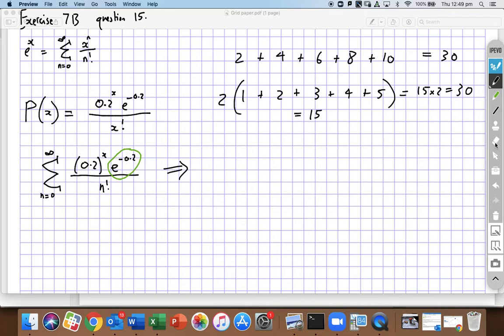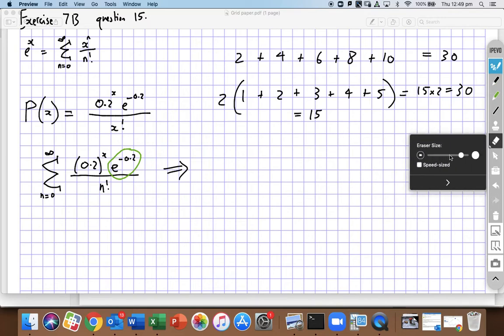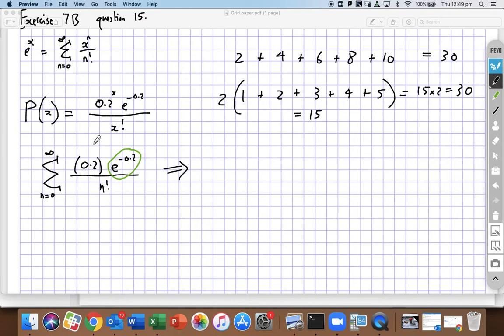I've just realised there's a little error here, sorry. That should be an n. That's better. Not sure why I wrote an x. So let's think about that. If I wanted to evaluate this sum, I could say, we have 0.2 to the power of 0 on 0 factorial, times e to the minus 0.2, plus, now let's make n equal to 1.